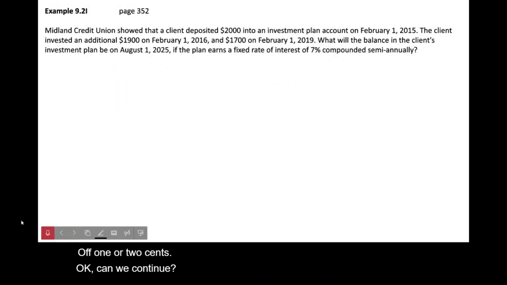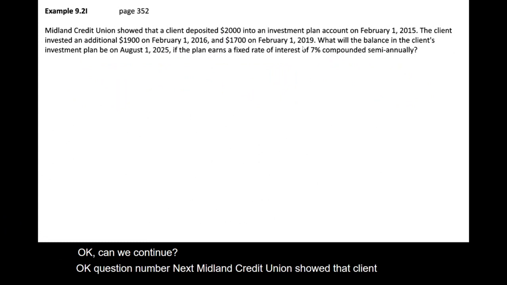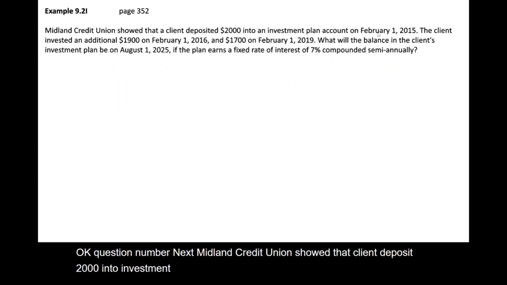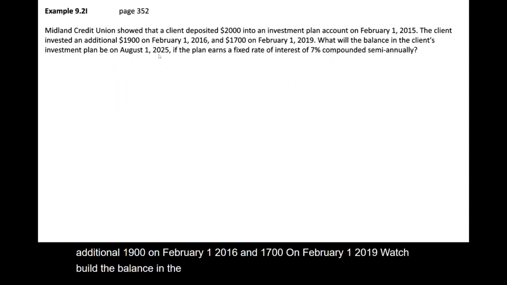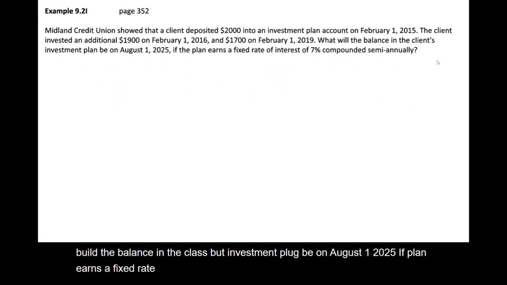Okay, next question. Midland Credit Union showed that client deposited 2,000 into investment plan account February 1, 2015. The client invested additional 1,900 on February 1, 2016 and 1,700 on February 1, 2019. What will the balance in the client's investment plan be on August 1, 2025 if plan earns a fixed rate of interest of 7% compounded semi-annually?